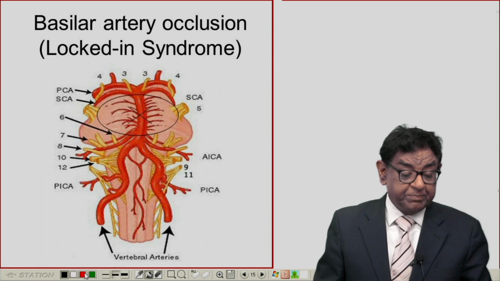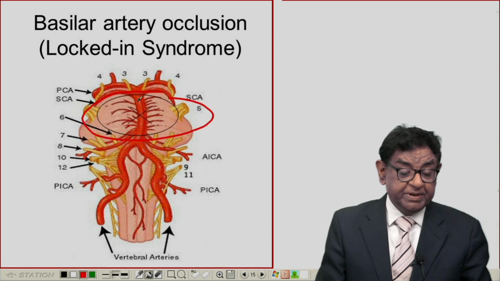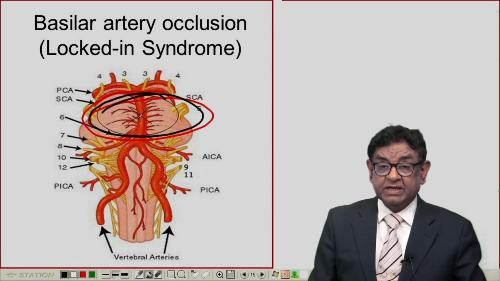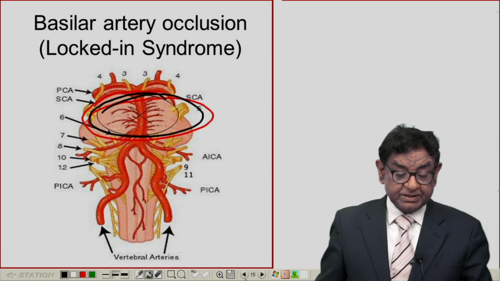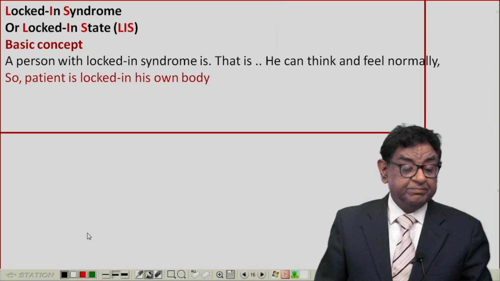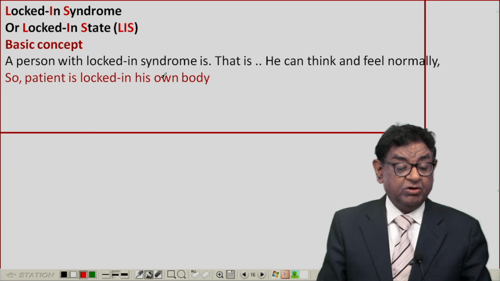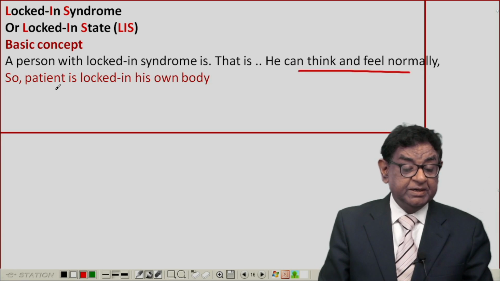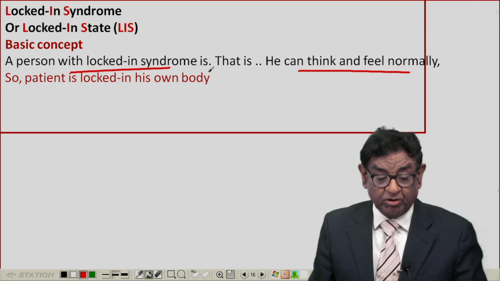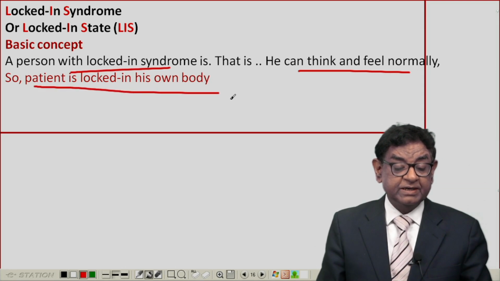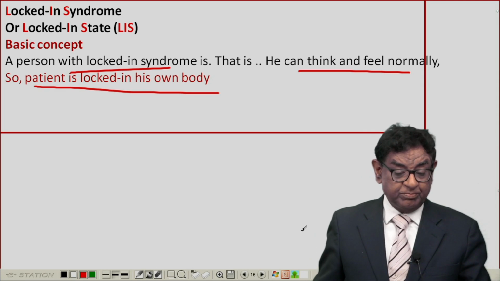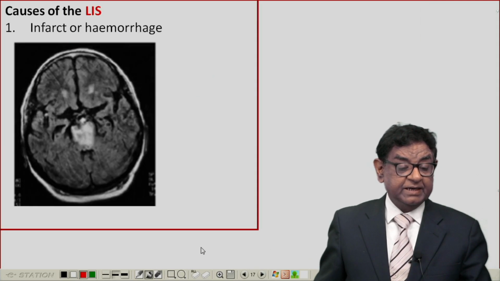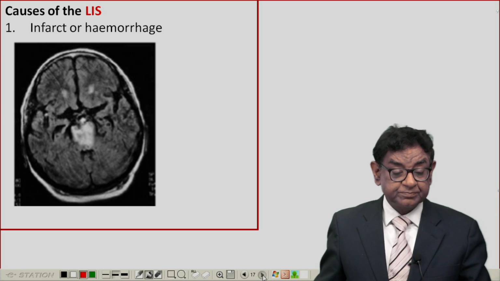Locked-in syndrome particularly occurs when basilar arteries are involved. Basilar artery branches of the pons are involved, and that leads to locked-in syndrome. Why? Because LIS, they call it locked-in syndrome. He can think, he can feel normally, but he cannot move at all. So the patient is locked in his own body. This is an infarct or hemorrhage in the pons.